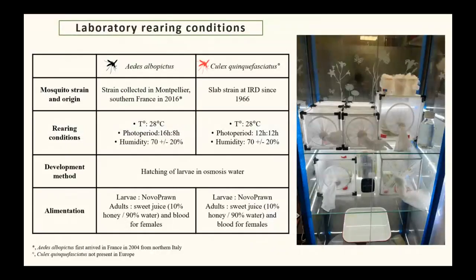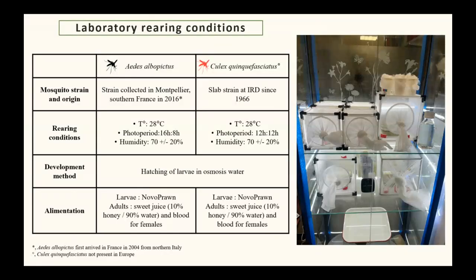For this, we had 2 strains. Aedes albopictus was a strain collected in Montpellier in 2016. And concerning Culex quinquefasciatus, it was an S-lab strain that has been at the R&D since 1966. For the rearing conditions, we used the same temperature and humidity for both species. The only difference was the photoperiod.